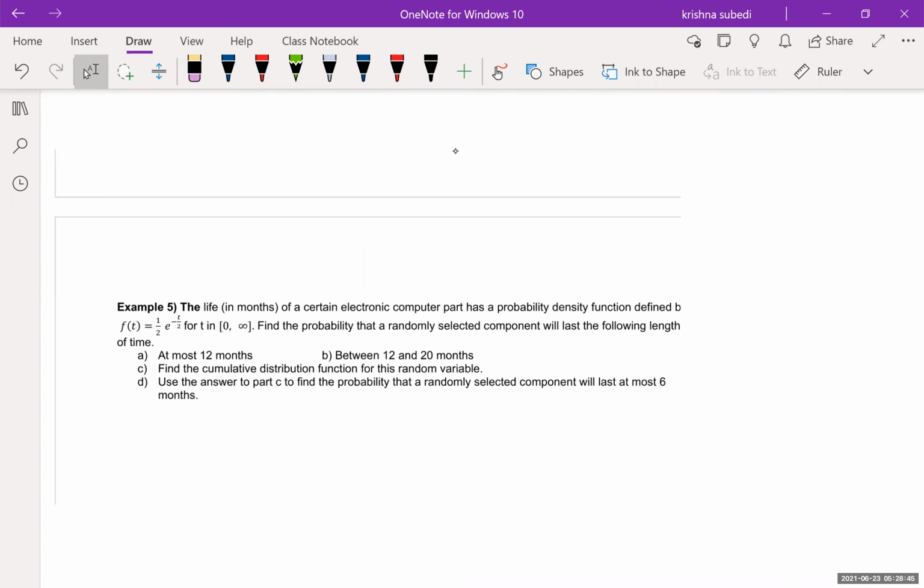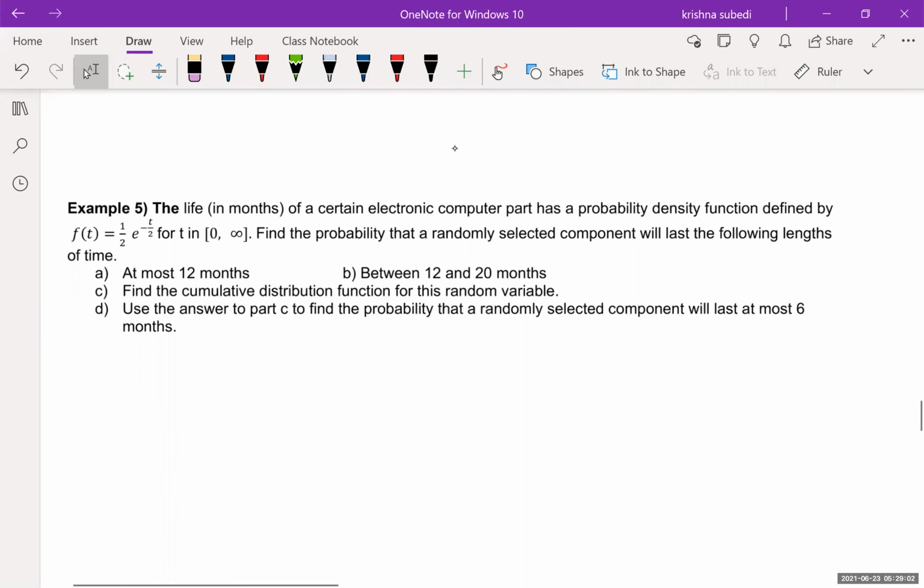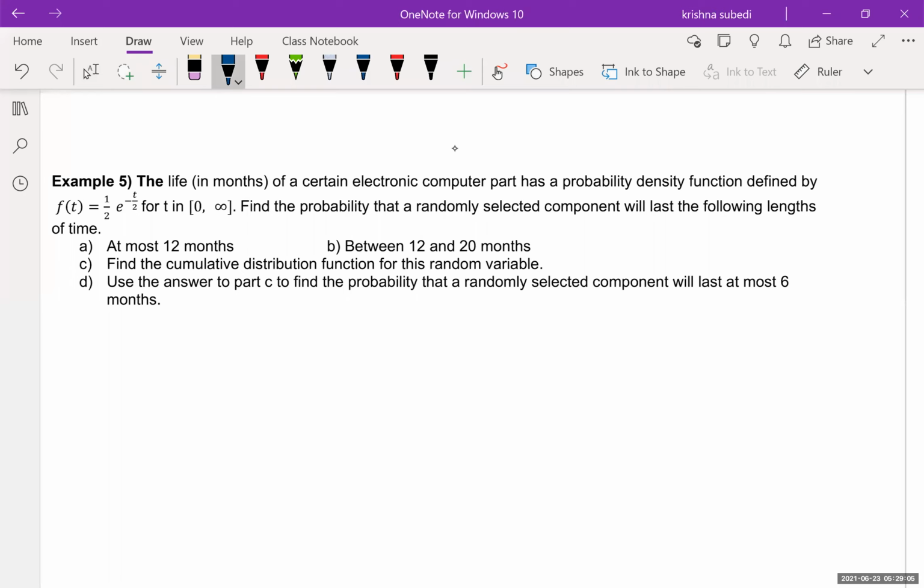Example 5. The life in months of a certain electronic computer part has a probability density function defined by the given function, and the interval is 0 to infinity.